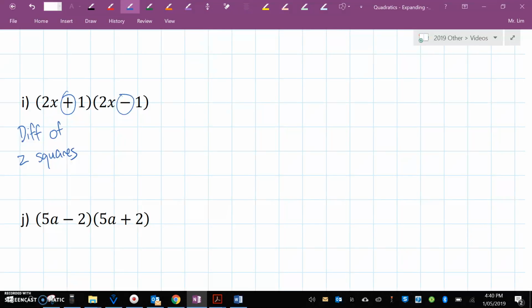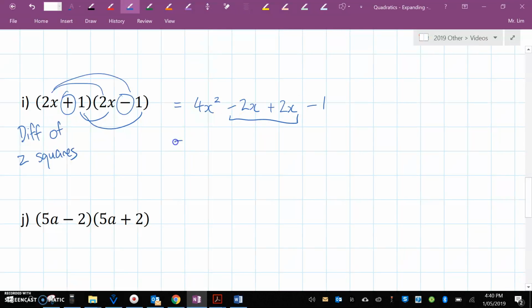We can use the FOIL method. 2x times 2x is 4x squared. 2x times minus 1 is minus 2x. 1 times 2x is 2x. 1 times minus 1 is minus 1. When we collect our like terms, they cancel each other out. Minus 2x plus 2x is 0. That leaves us with 4x squared minus 1.